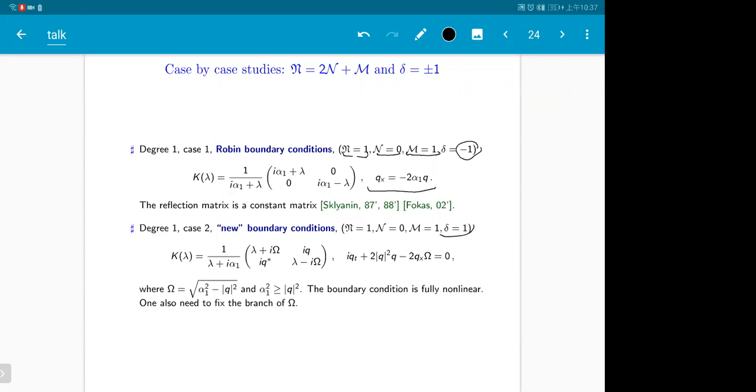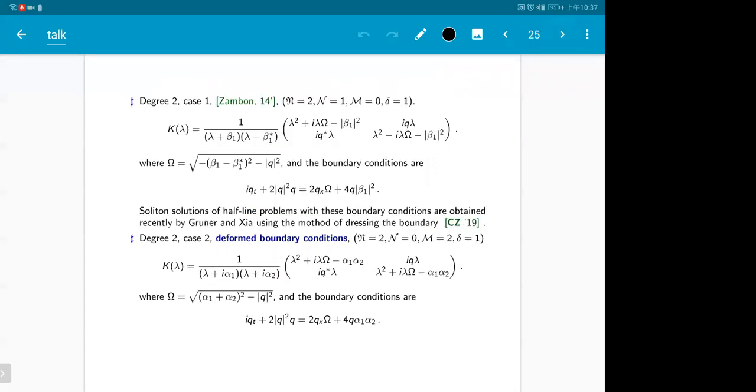If we use the plus parity, we obtain a K matrix in this form and the boundary condition in this form. This condition hasn't been fully considered before in the literature, but these boundary conditions are actually related to integrable defect conditions in certain contexts.